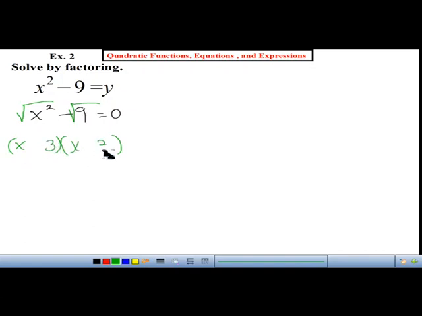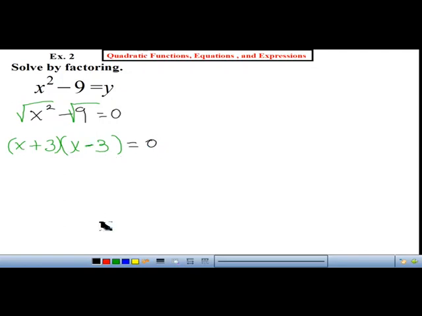What two numbers multiply give me 9? 3 times 3. So if these are squares, which we just proved that they are, if this is subtraction, which it is, and it's a binomial, then this is a difference of squares. This is plus and this is minus, and all that equal to 0. So this times that equal to 0.